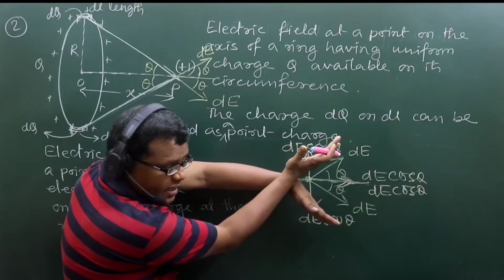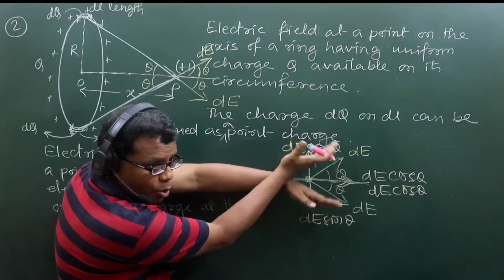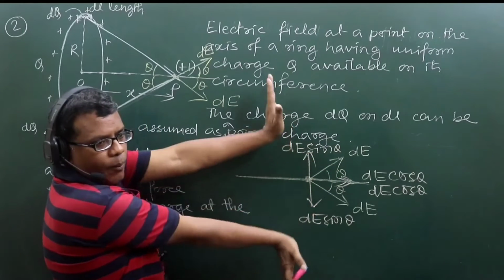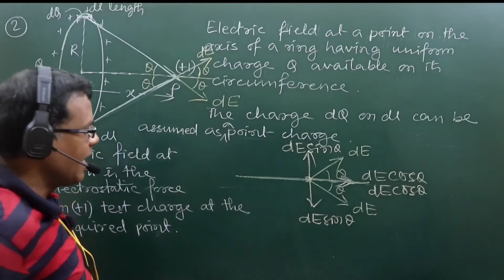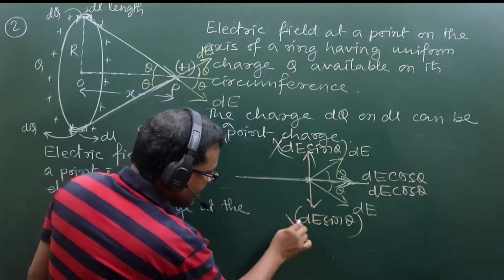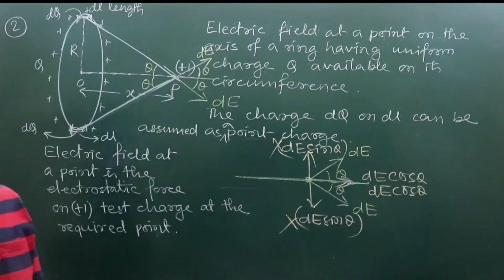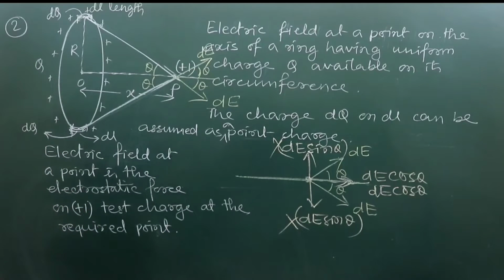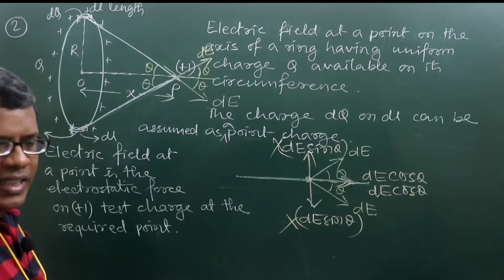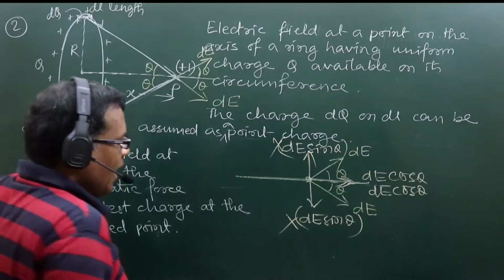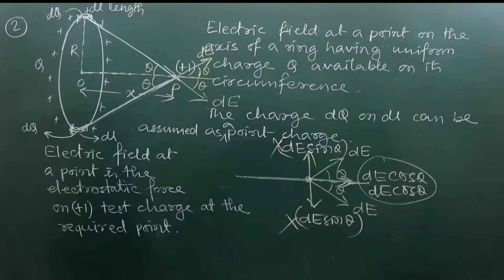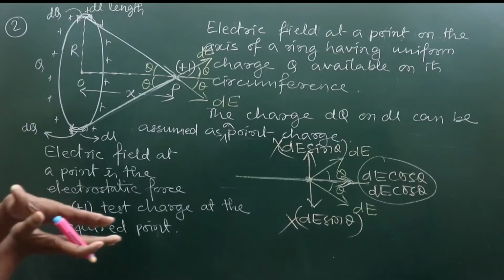After resolution, I get two components along the axis line and two components perpendicular to the axis line. Do you think these two equal forces should cancel each other? Two equal and opposite forces should definitely cancel each other. So dE sin theta will get cancelled out and the two dE cos theta will add up because they are in the same direction.